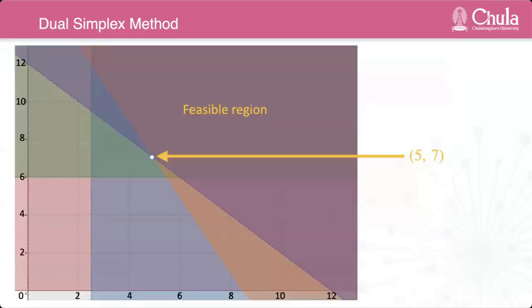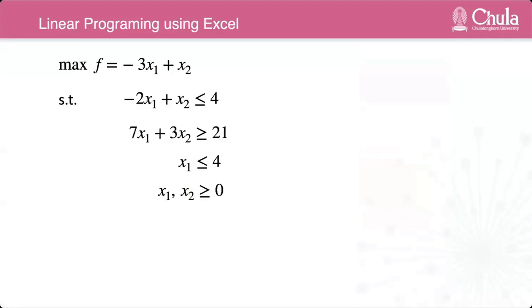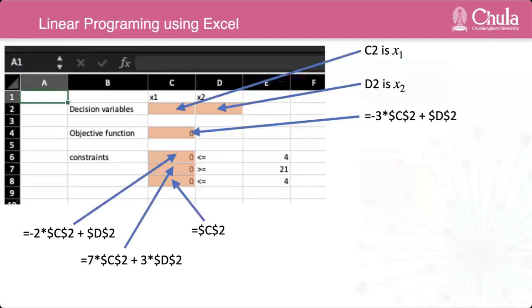Okay. So it is done, because for linear programming using Excel, I believe that everyone can do it now, right? Because previously I showed you in some examples using Excel to solve it. You just define the objective function, right?